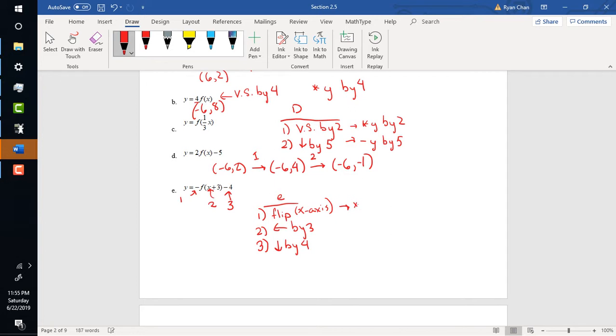So I'm going to multiply y by negative 1. I'm going to subtract 3 from x. And then I'm going to subtract 4 from y. Okay? So not only do you need to know your transformations, but you must know the operation that aligns with that specific transformation.